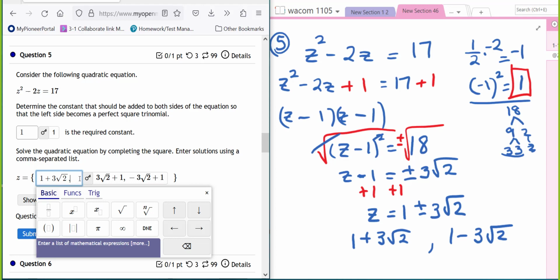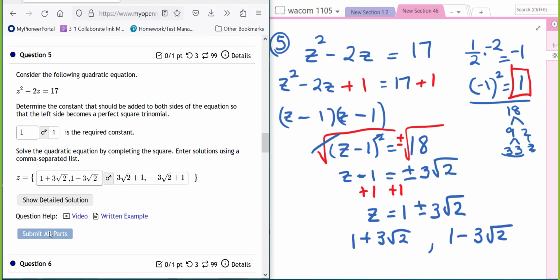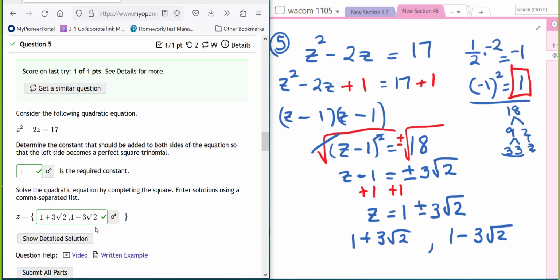And the other one is 1 minus 3 square root of 2. I would even click on that one. So it liked those answers. But it would have accepted them as long as you clicked at the end of the radical. Then if you put the plus 1, here it would also be plus 1. This minus sign is with the 3.